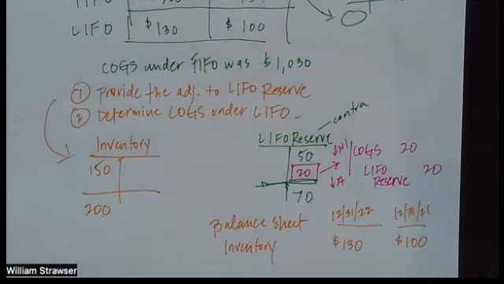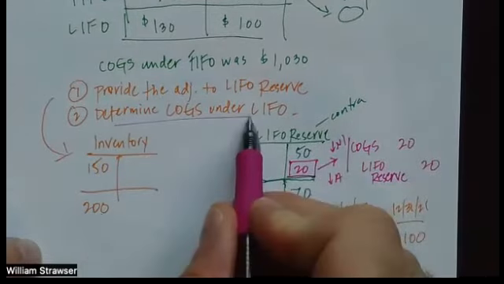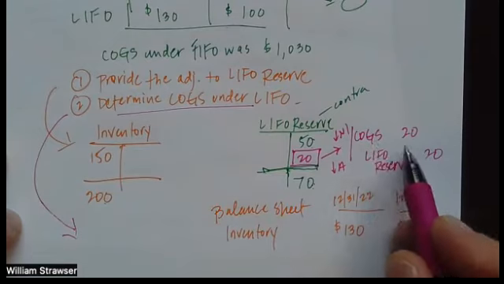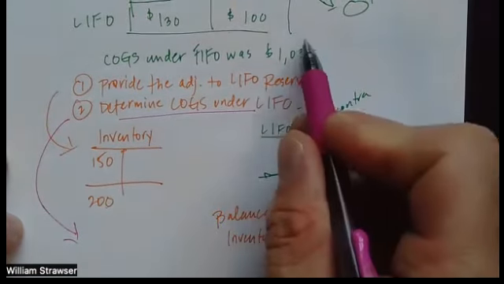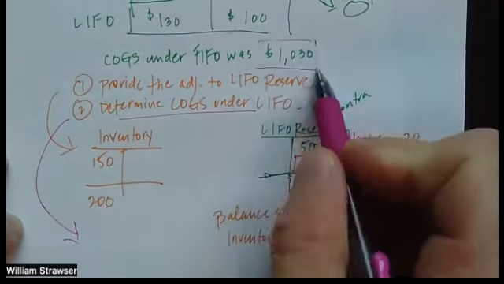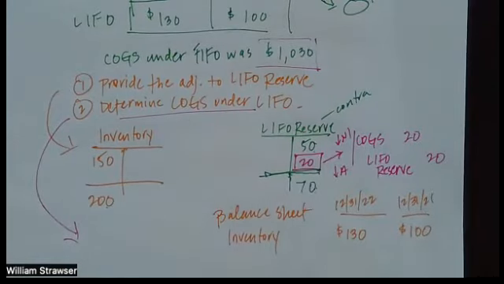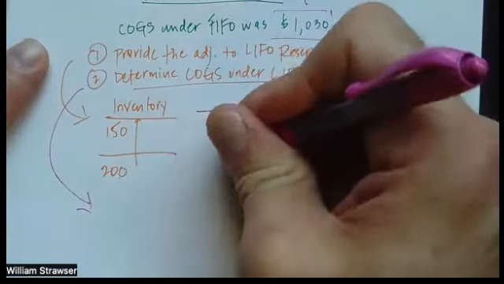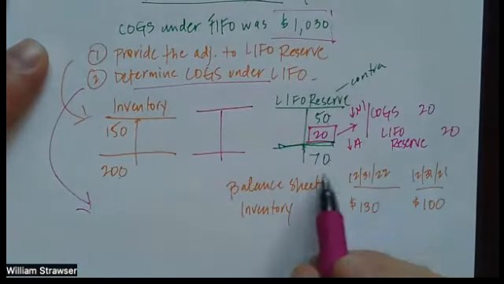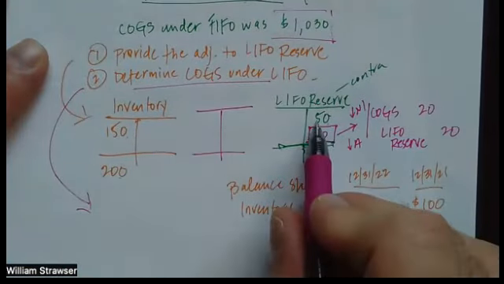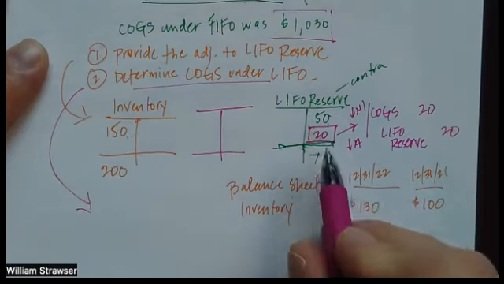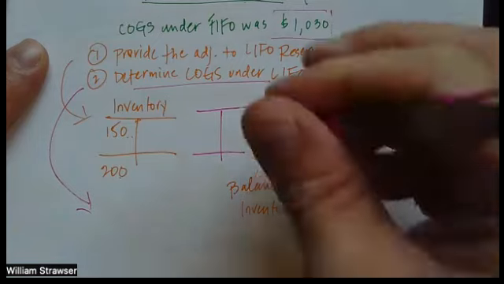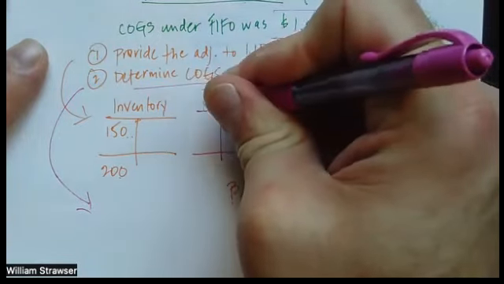And then for the second question, determine cost of goods sold under LIFO. Well, all I did was I've already recorded cost of goods sold of 1,030 prior to this adjustment. So if, we can even put this in here, it doesn't affect what's going on in the transition of my inventory account, my LIFO reserve account, and what I report on the balance sheet for my inventory. But there is a COGS account.